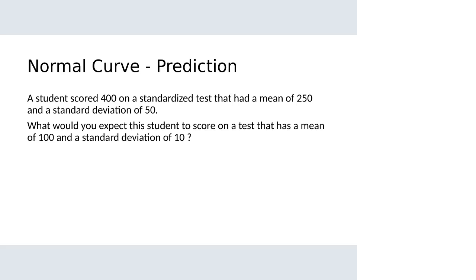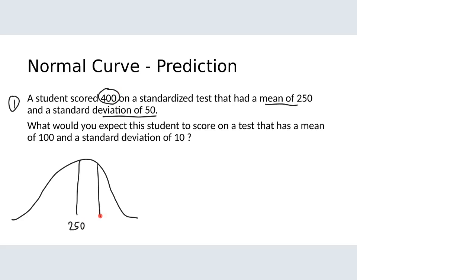So what we're going to do here is we are actually going to go ahead and draw a normal curve for the first test that they took. And that first test had a mean of 250 and a standard deviation of 50. Not the prettiest normal curve ever, but it doesn't have to be. We're just making a sketch. And we know they scored 400.